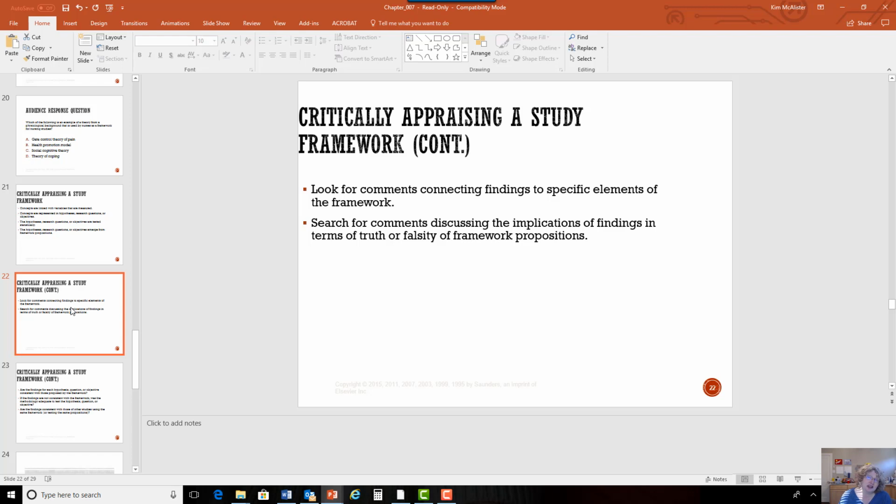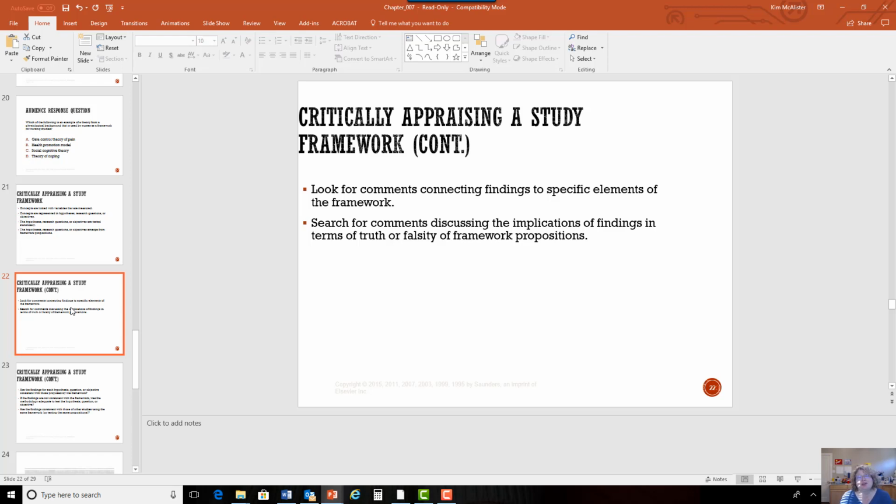So when you're looking at the conclusion of the study, there should be something in the conclusion or in the findings that points back to your research framework. So look at your framework and maybe jot it down, and then look at the conclusions of the study and make sure that the results reflect back on that.